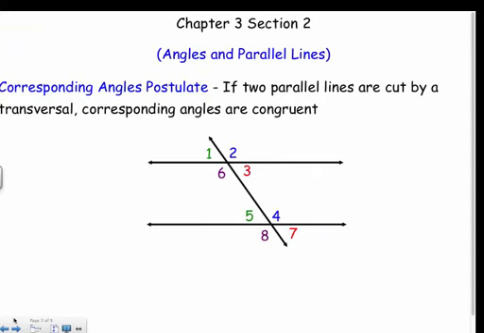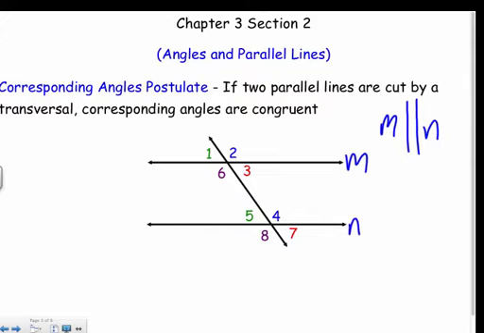Okay, in section 2, not much in section 1 there. Section 2 is where we start getting into some things. When we have parallel lines, I'm just going to write M and N again here. If M is parallel to N, and they have a transversal cutting through, I have the corresponding angles postulate. Corresponding angles are congruent.